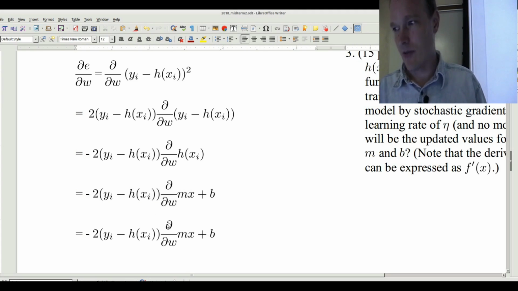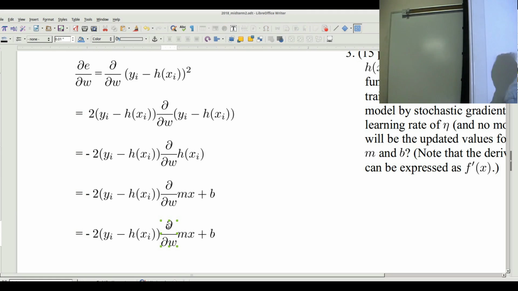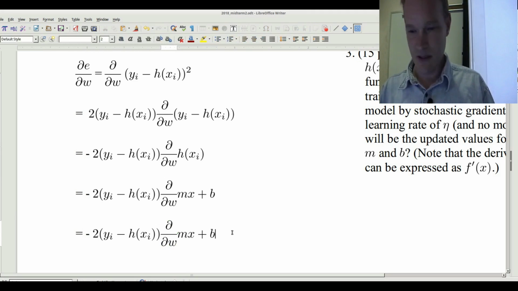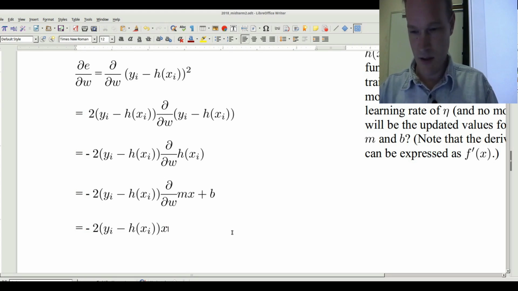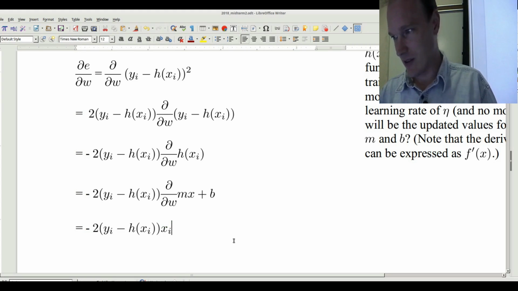what is the partial derivative with respect to m of mx plus b? It's x. Actually, it's x sub i in this particular case, if we want to be technical.